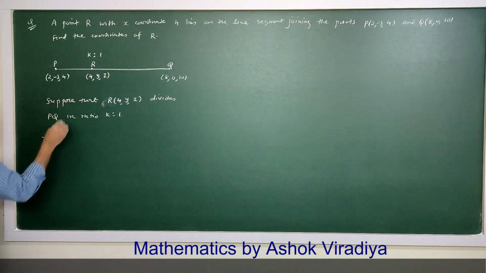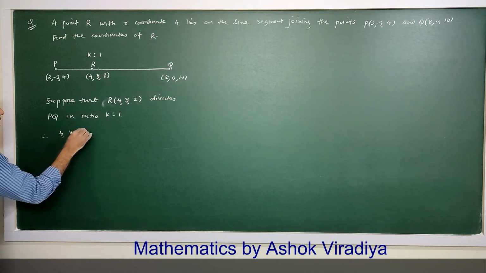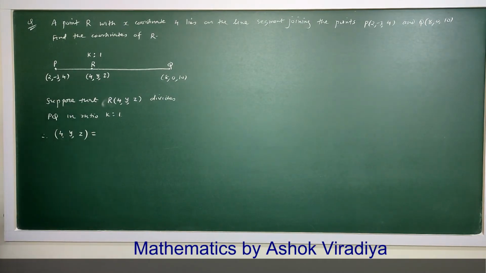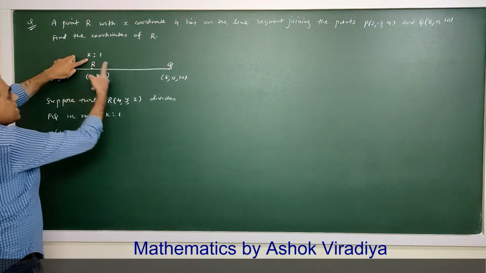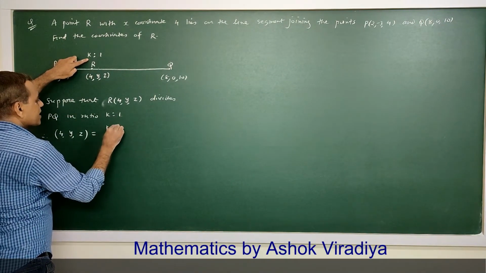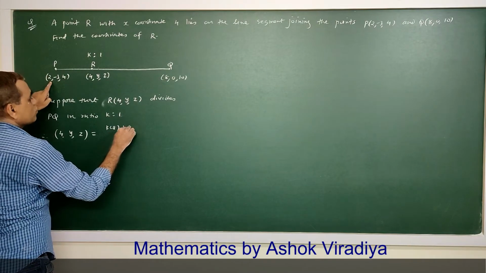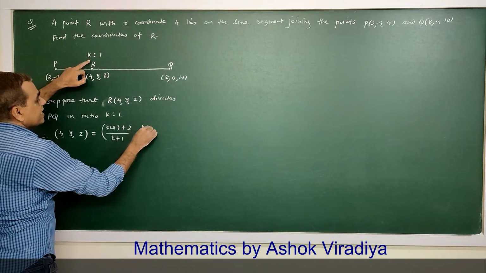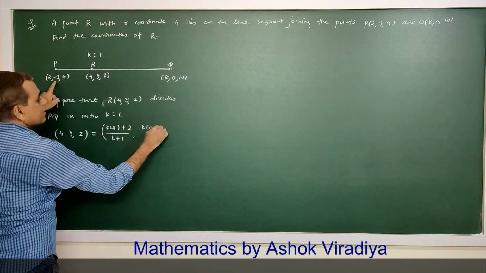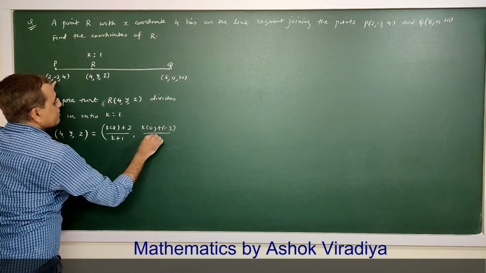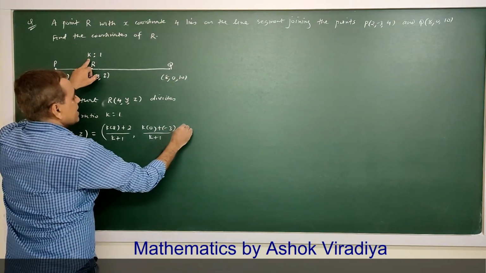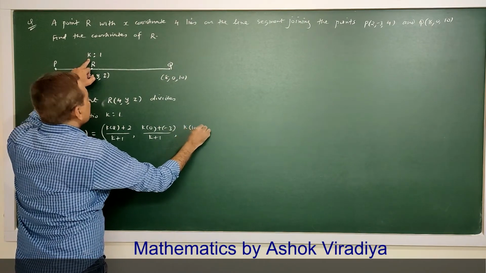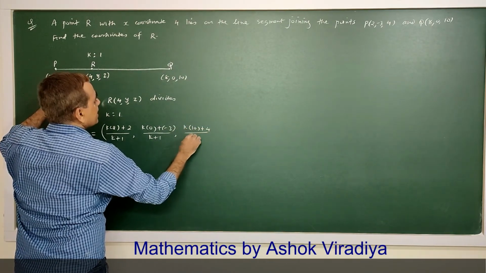Therefore, coordinates of R are, always we keep coordinates of the dividing point on the left side, by formula, (kx2 plus x1 upon k plus 1, comma ky2 plus y1 upon k plus 1, comma kz2 plus z1 upon k plus 1).